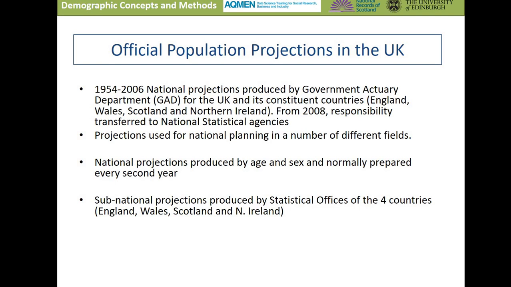But subnational projections are also produced by statistical officers of the 4 countries in England, Wales, Scotland and Northern Ireland. And Scotland have now produced a set of experimental projections within what they call council areas. So looking at projections for areas within councils of Scotland, and the following training in POP group culminates in replicating those projections for sub-council areas.